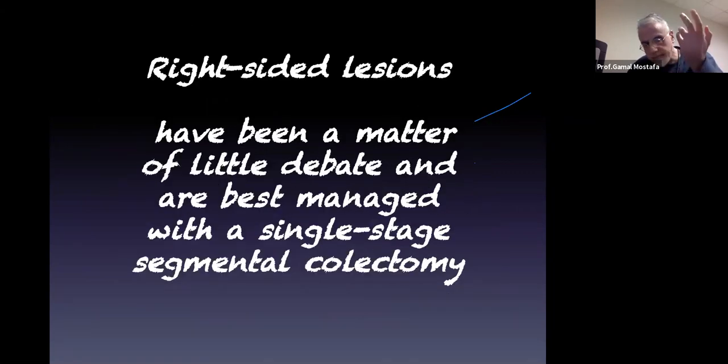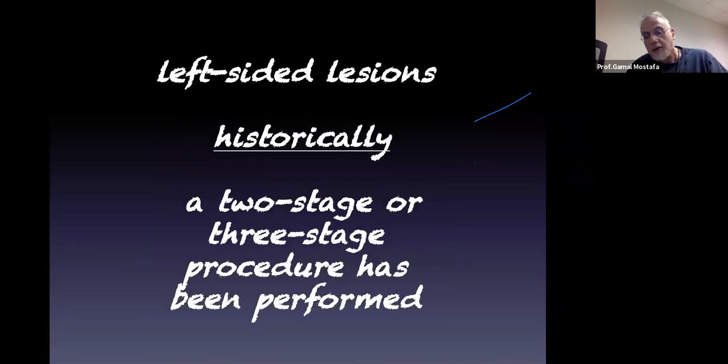Right-sided lesion, easy, right? We don't have a problem with that. Most of the time, single operation with resection. Left-sided, in the old days, 2-stage operation, bowel prep, and all this. Nowadays, no. We changed.